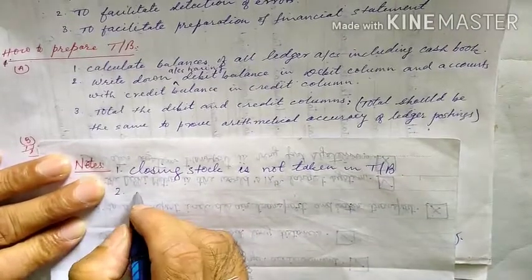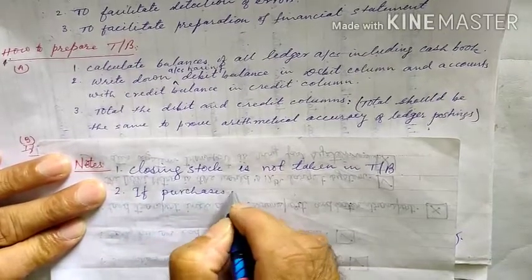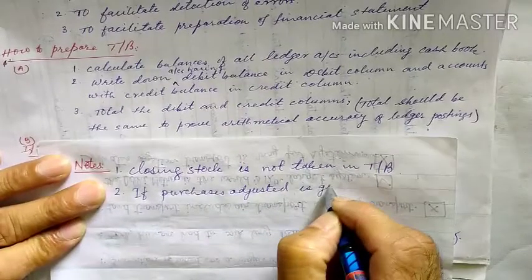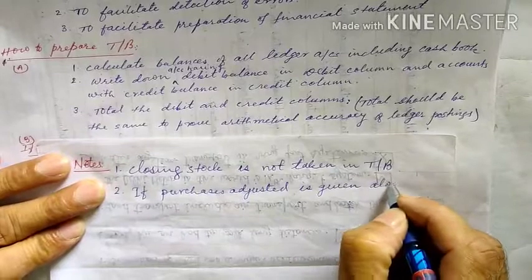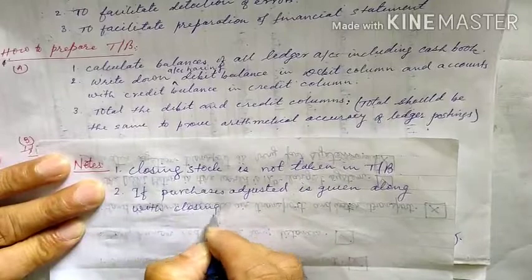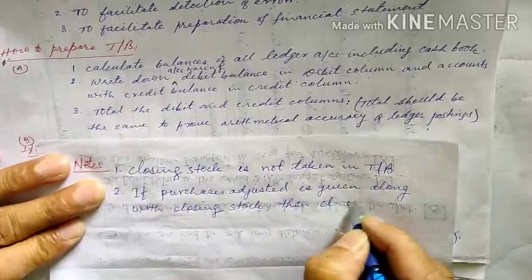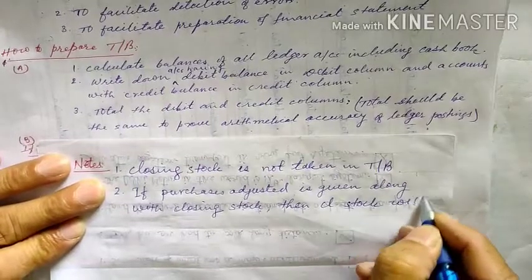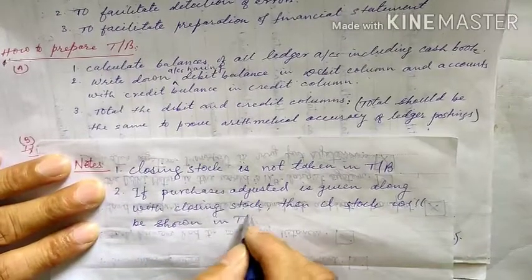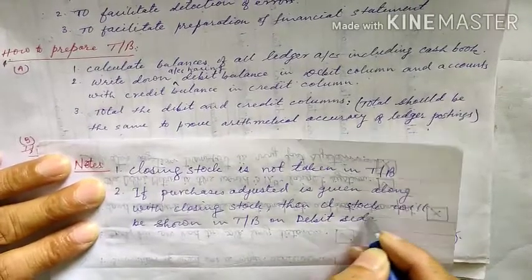Number two, if purchases adjusted is given along with closing stock, then closing stock will be shown in the trial balance on the debit side.